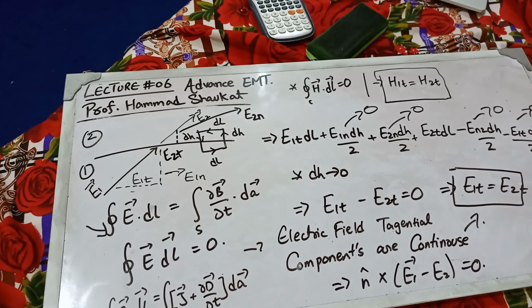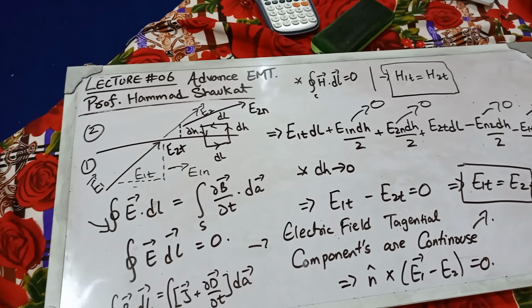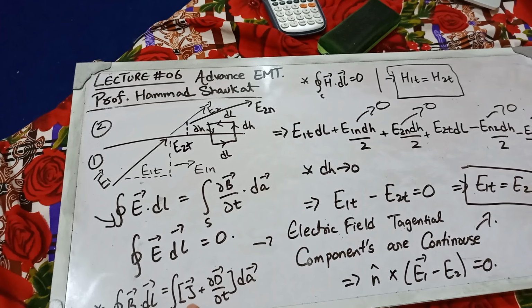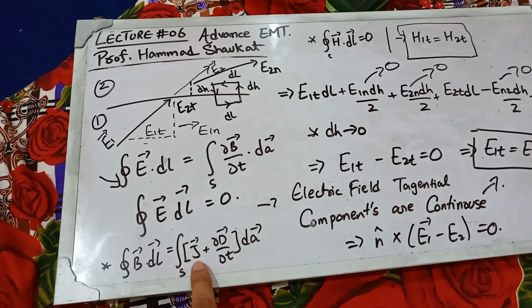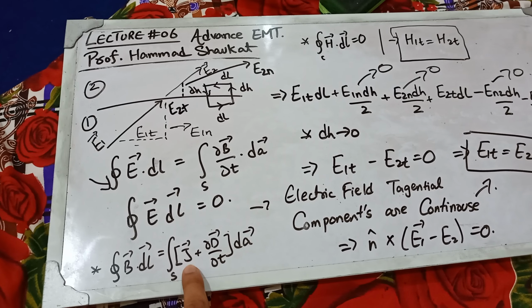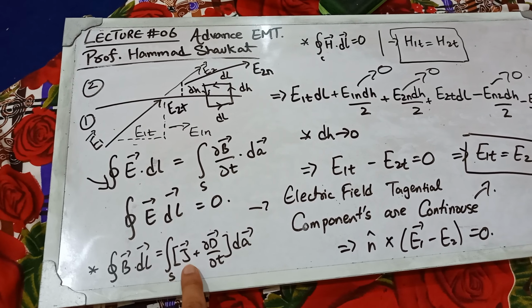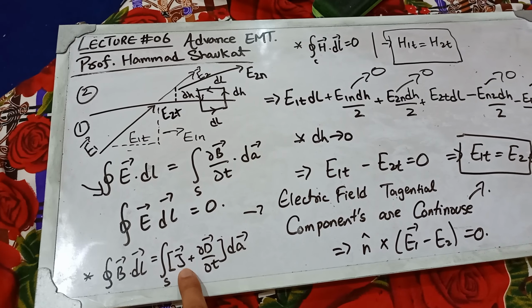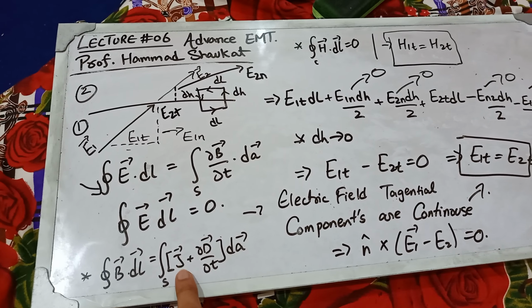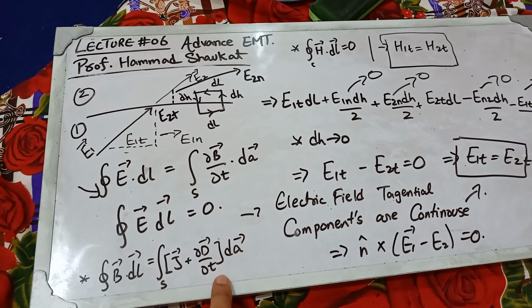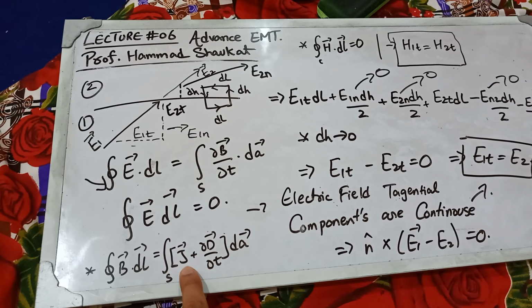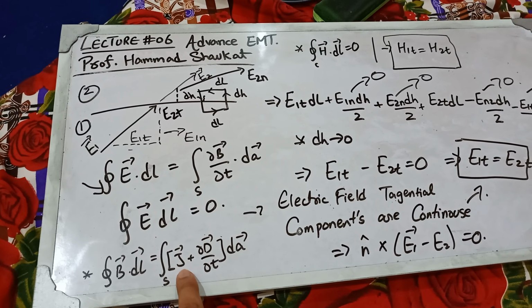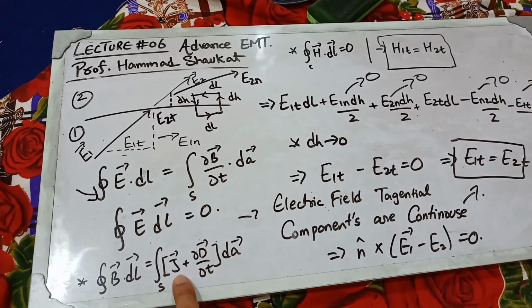You know that in this relation, this integral of J dA, this J is the current per unit area, which is the conduction current, and this other term is the displacement current. This J is basically the current per unit area.